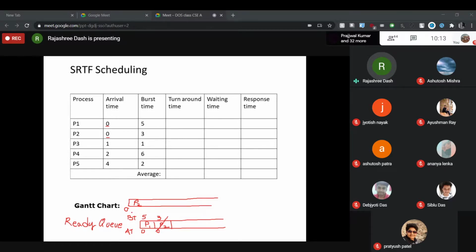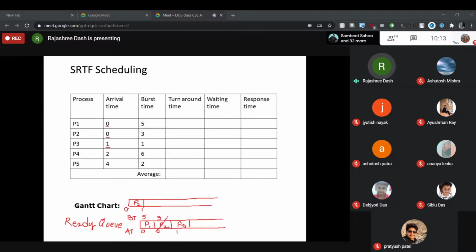Now while P2 is executing, at time 1, just check, a new process, P3, enters the ready queue. Got it? At time 1, P3 enters the ready queue.